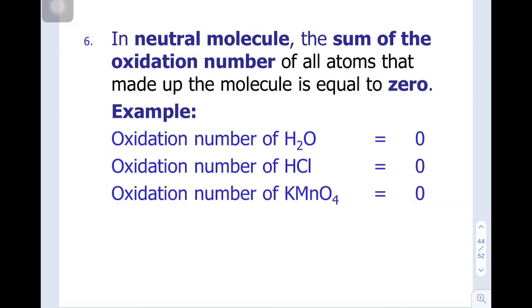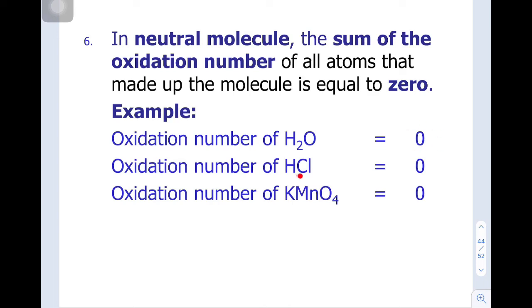And then rule number 6: if we have a neutral molecule, the sum of the oxidation numbers of all atoms in that molecule will be equal to 0. For example, if we have an H2O molecule, the sum of the oxidation numbers of these two hydrogen atoms and one oxygen atom is supposed to be equal to 0.